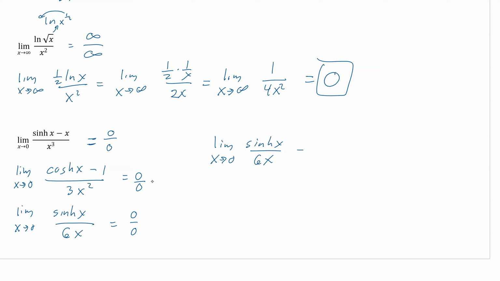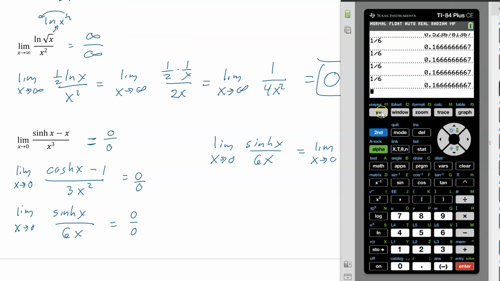So that would now become the limit as x approaches 0 of hyperbolic cosine of x over 6. And then now if we plug in 0, we get the hyperbolic cosine of 0 over 6, which is 1 over 6. And there you have it.